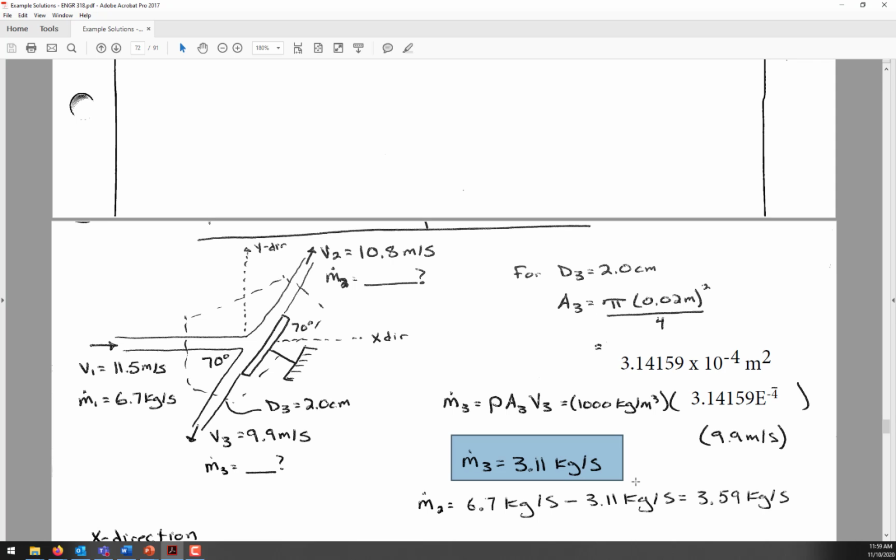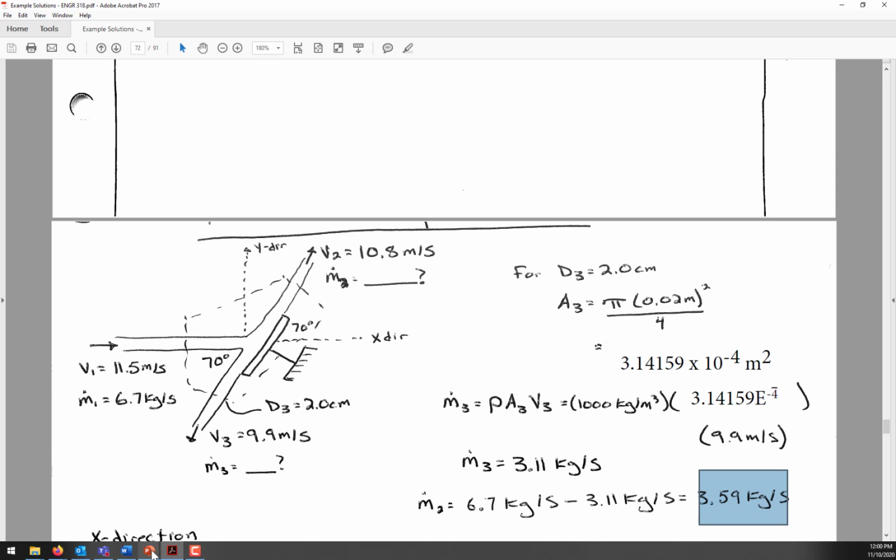Then by continuity, whatever came in at 1 and didn't go out at 3 has to be going out at 2. So m dot 2 is equal to m dot 1 minus m dot 3. That means the mass flow rate at 2 is 3.59 kilograms per second.